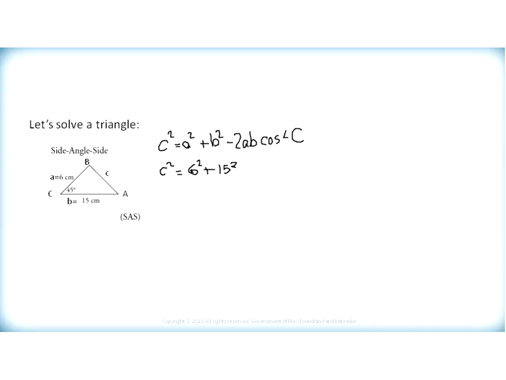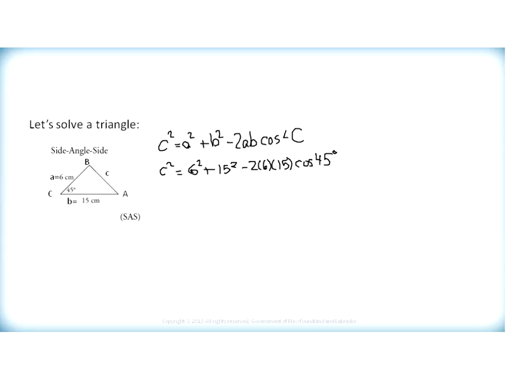Apologies for that, I was having a little bit of technical difficulties with my pen. 6 squared plus 15 squared minus 2 times 6 times 15 times the cos of angle C, which is, in this case, 45 degrees. Okay, we can actually put that right into our calculator as is.